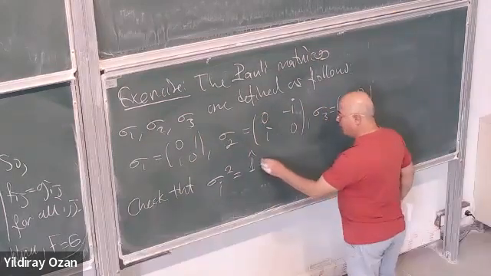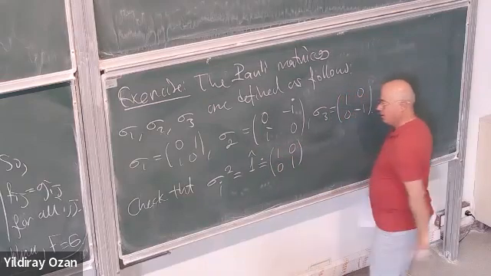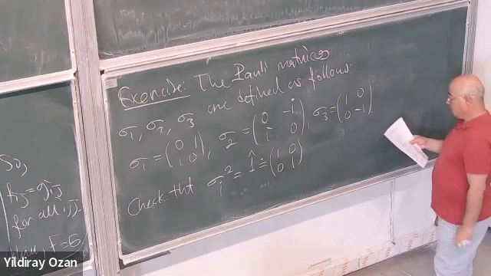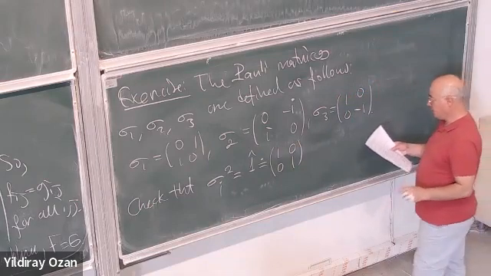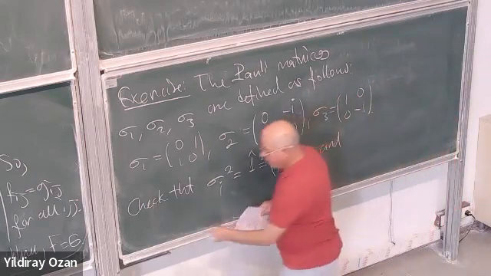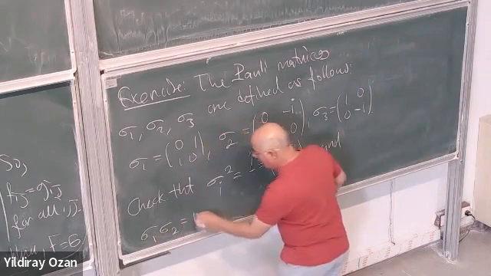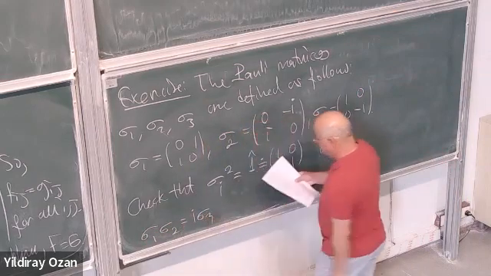What we mean by the identity matrix is this: 1, 0, 0, 1. And sigma 1 times sigma 2 is I times sigma 3.